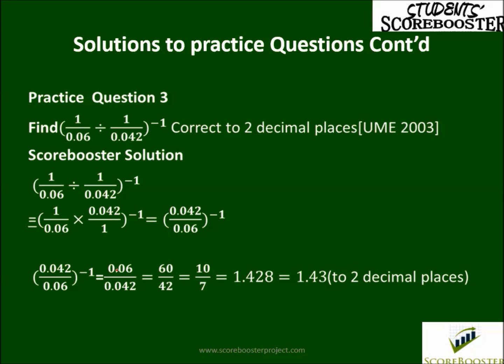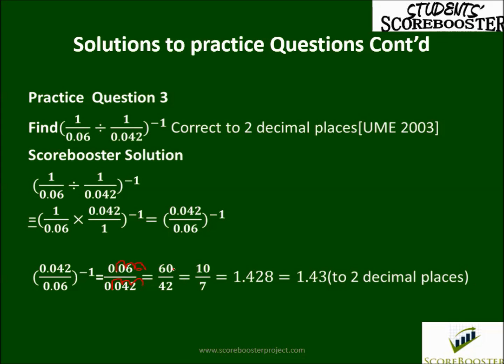So now we can start moving the decimal point. When you move first time, second time, you have 6.0 here, and when you move third time, you have 60. And here we've also moved 3 times, 1, 2, and 3. So we've moved the same places, so we have 60 over 42.